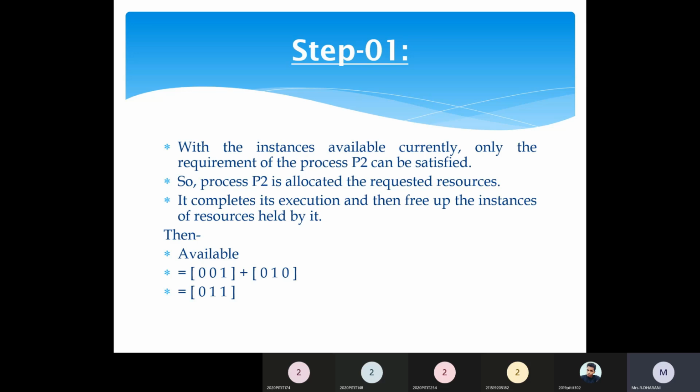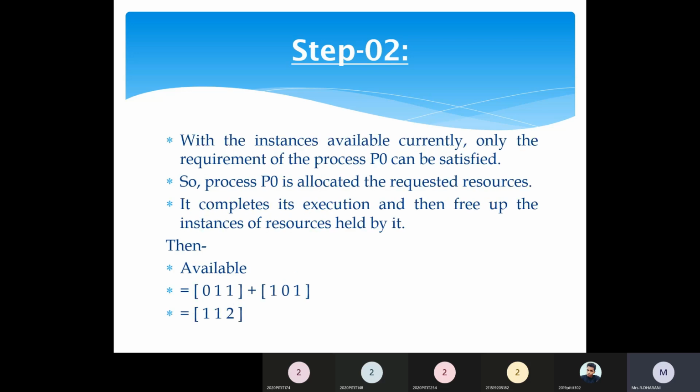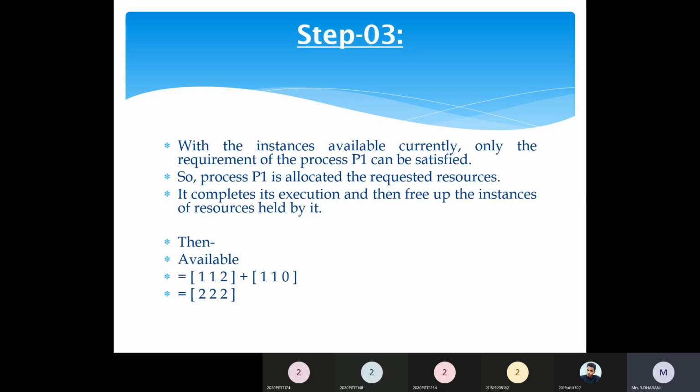Okay, so let's check with the availability whether we are able to satisfy another process request. With the instances available, only the requirement of process P1 can be satisfied. So we finish P2, and now we look at the P1 need. With the availability, we can satisfy the P1 request.